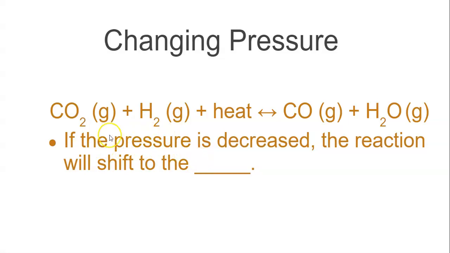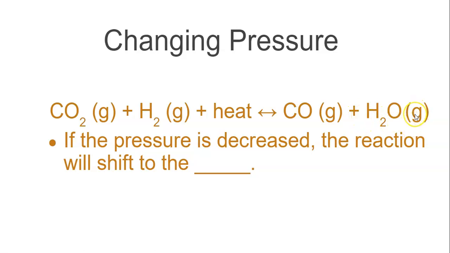Okay. Let's take a look at this one. Now, don't be thrown because heat's here. Heat doesn't count. We only look at gases. Heat is not a gas. So here I have CO2, which is 1 because there's no coefficient, and I have H2, which is 1. So there's 2 on the left. Then I have CO, again 1 because there's no coefficient, and then I have another one in water.